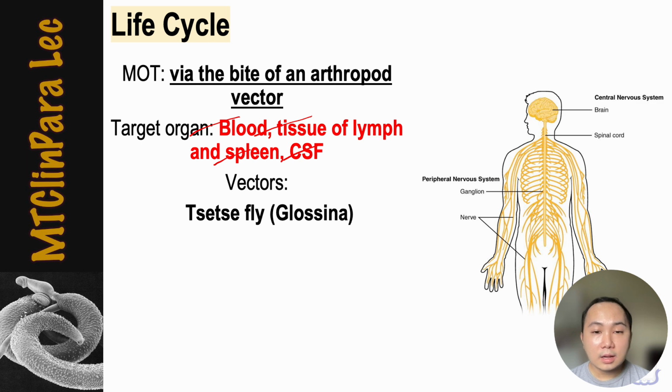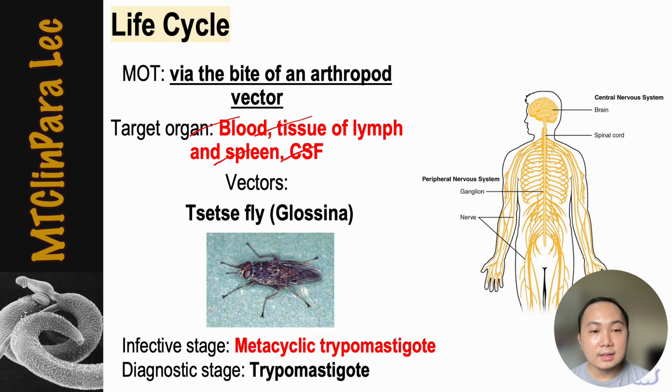Vectors are considered to be flies, okay, or specifically tsetse fly under the genus Glossina. So these are blood-sucking flies, okay, usually found in Africa. The infective stage is still metacyclic trypomastigote, and the diagnostic stage is trypomastigote. So kindly take note of these particular stages.